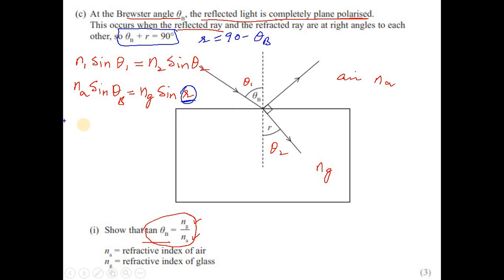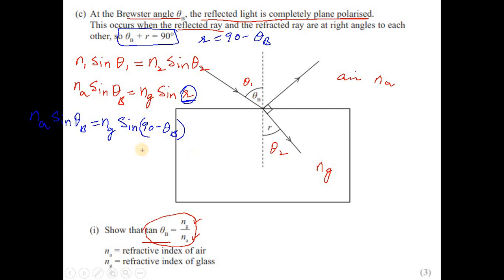So now my new equation will be Na sine theta b is equal to Ng sine of r, and r is 90 minus theta b. Bracket close, this whole thing is the angle.